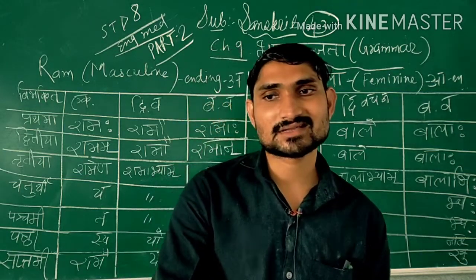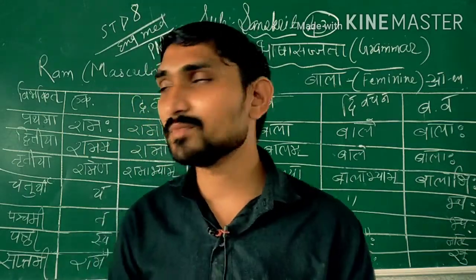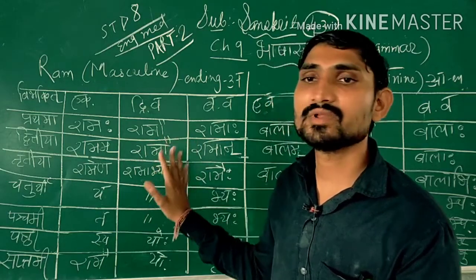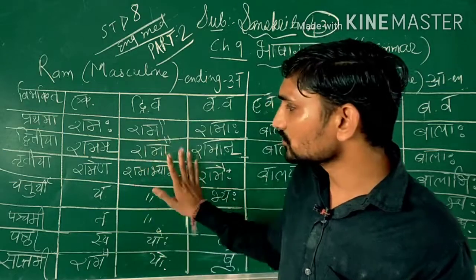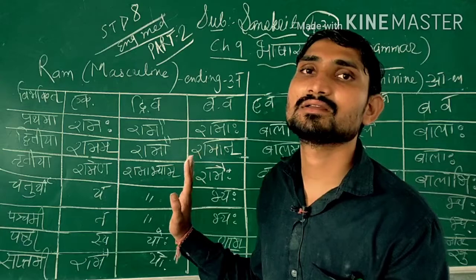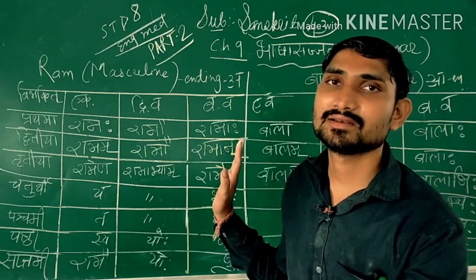And in the next session we will go on to a-ending neuter form. It belongs to Rama. So learn this, and easily you will get the a-ending neuter form, Napusaka linga, easily. So learn it at your home, and in the exam these questions will compulsorily be asked. Okay. So learn it. Take care. Thank you.